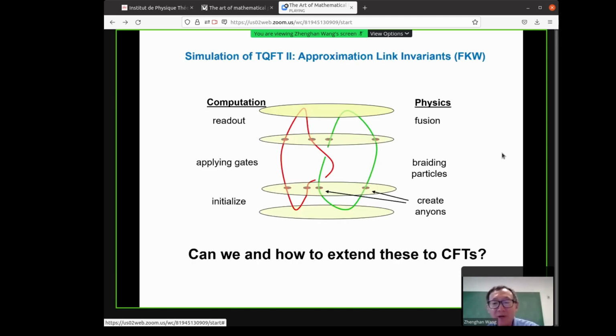And if you want to approximate the link invariant, basically what you do is what people normally call topological quantum computing. I already said in the last slide that the braid representation can be simulated by a quantum computer. So basically you run this physical process, and then the quantum computer on the other side, the simulation, would do the calculation or the approximation of the link invariant.